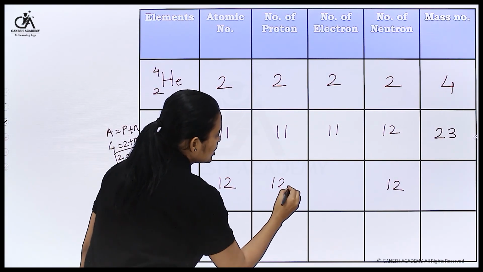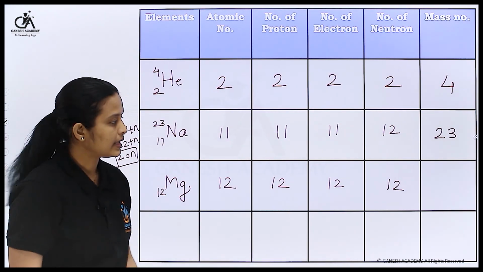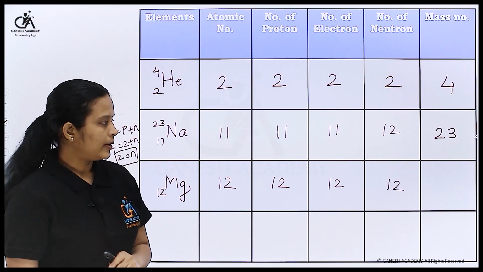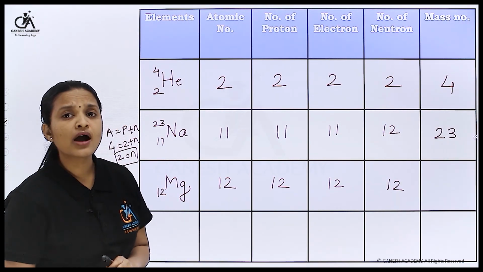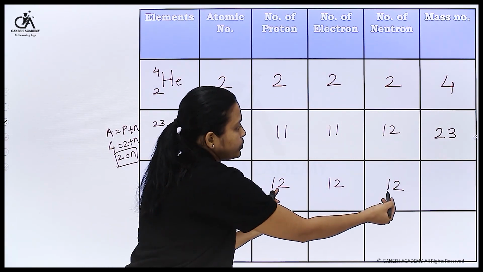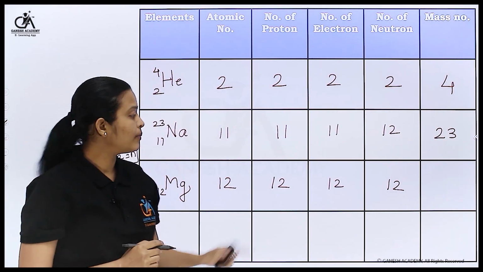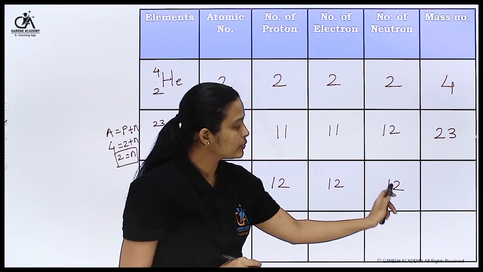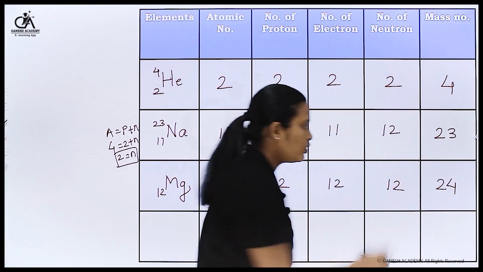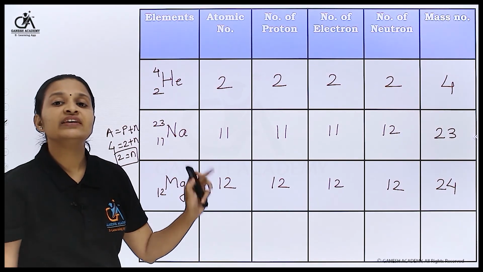It means it has 12 protons and 12 electrons. Now we have to calculate the mass number. For that we require the proton number and the neutron number, and their addition gives the mass number. Proton number is 12, neutron number is 12, so the total is 24. So the mass number of magnesium is 24.